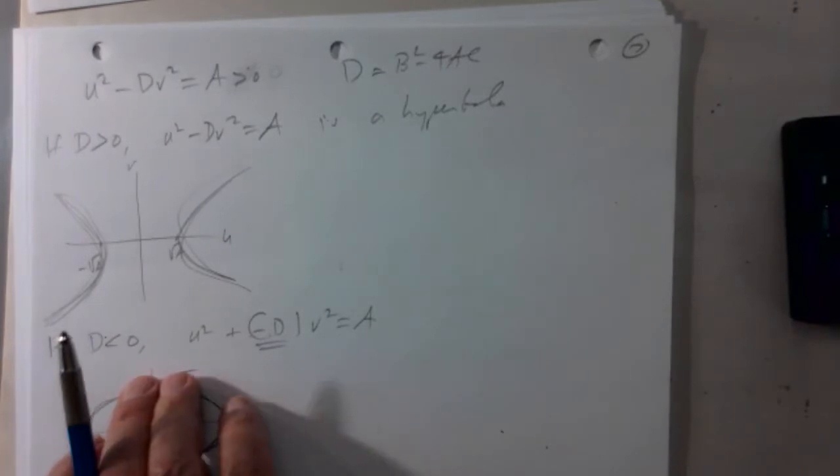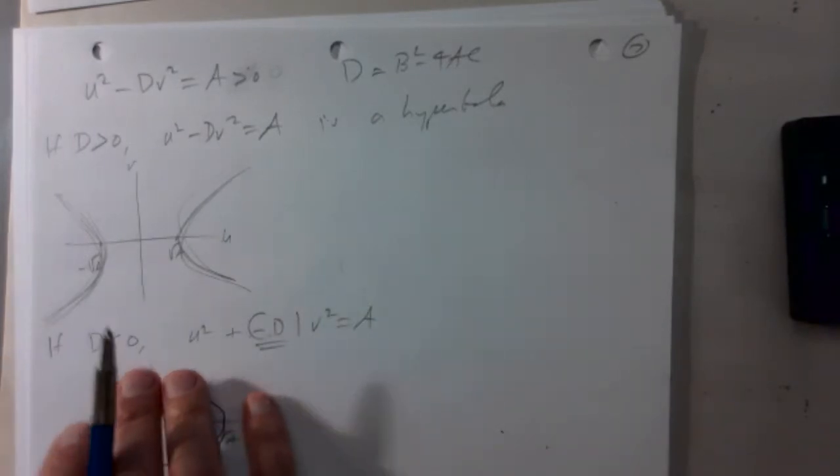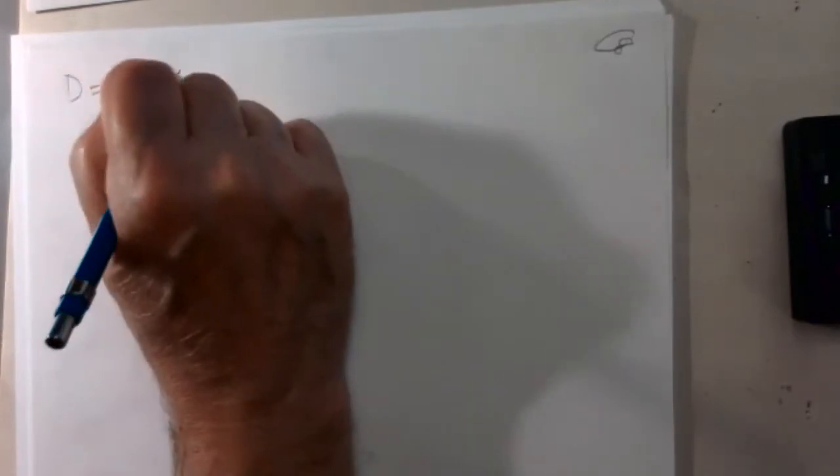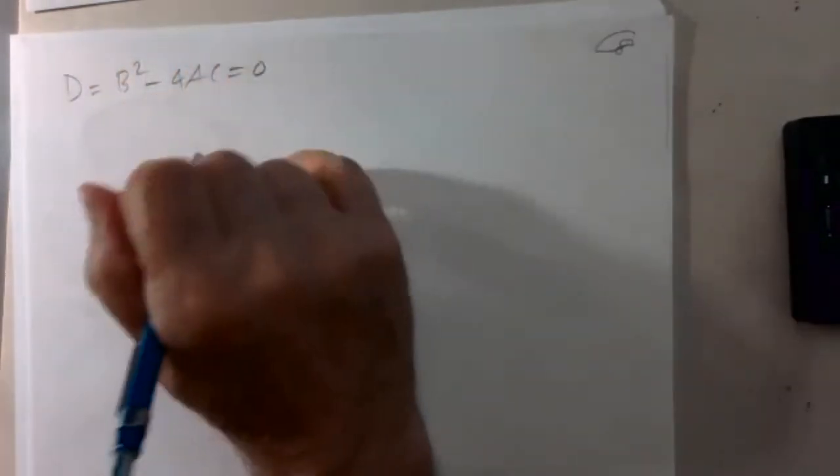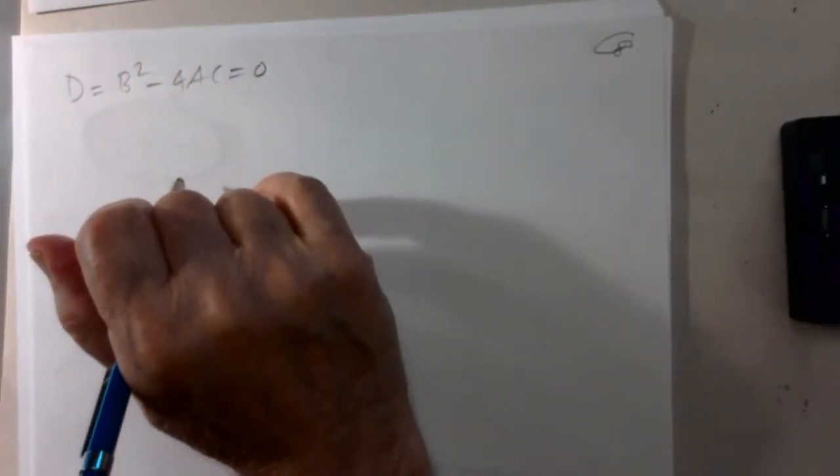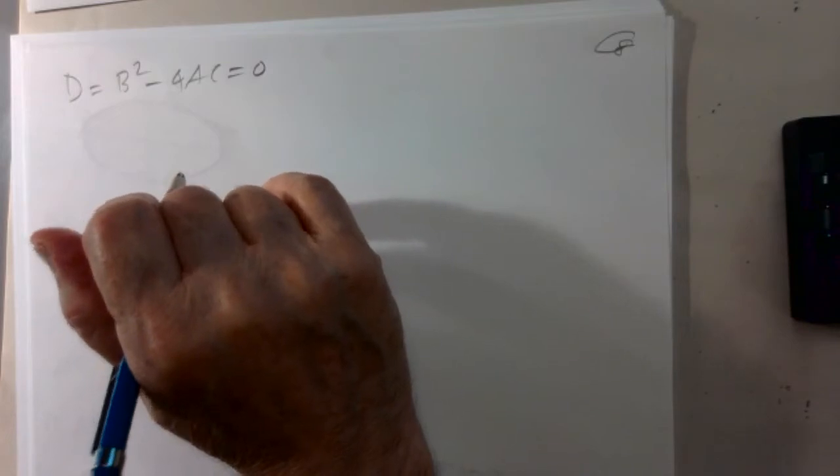What happens if d is 0? That's a little bit more complicated, perhaps. So suppose that d, which is b squared minus 4ac, is 0. What does that mean?